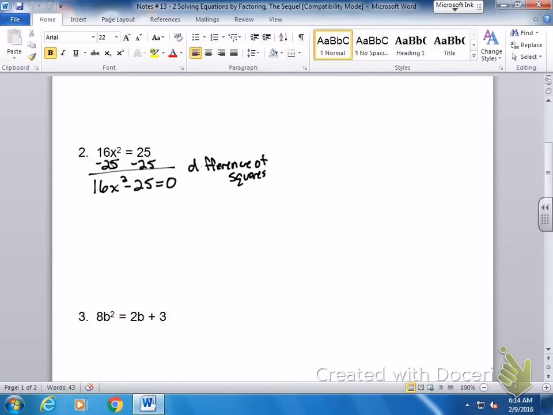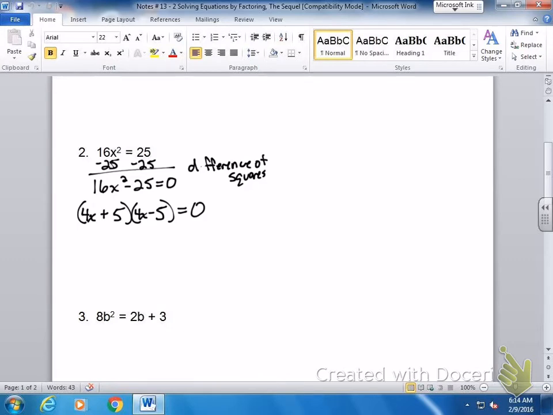So to do difference of squares, we open up our parentheses. Remember, it's going to be equal to 0. Take the square root of 16 and you get 4, so we put that first. The square root of x squared is x, and we attach that to the 4. The square root of 25 is 5, so we put that in the end. One of them is positive, one of them is negative, and order does not matter.